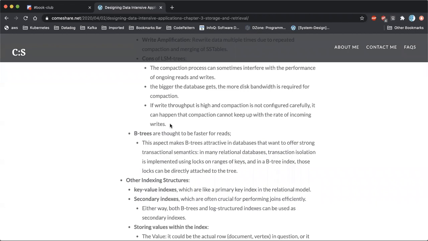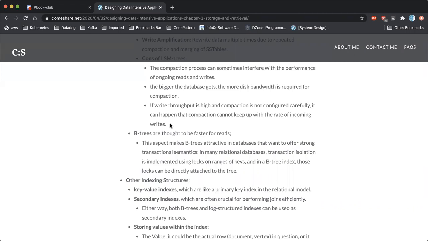And in case of writes on SSDs, it's a disadvantage because when you look at LSMs, the disadvantage on SSDs is that only a limited number of writes can happen on SSDs, and after that, that SSD becomes unusable. So the more writes that you have, the less usable the SSD becomes.